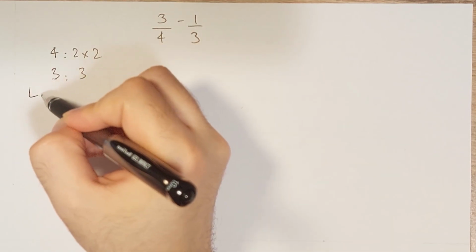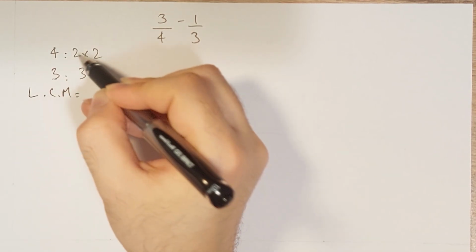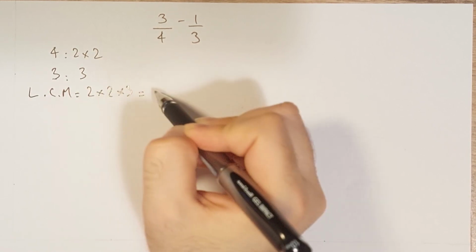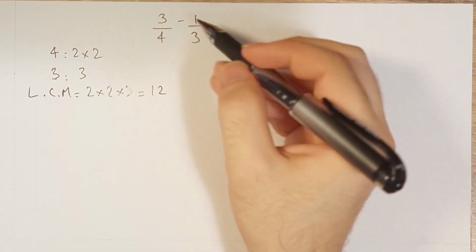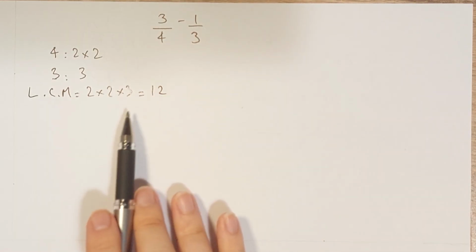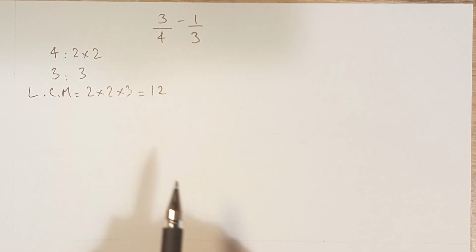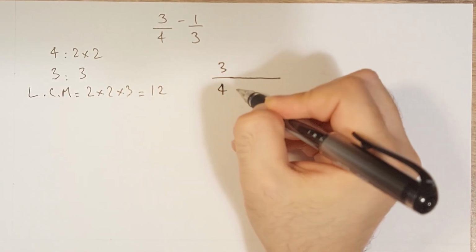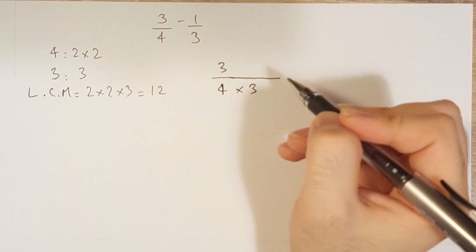So the LCM is 2 times 2 times 3, which is 12. So now we have to convert 4 and 3 into 12. When we multiply 4 by 3, we get 12.